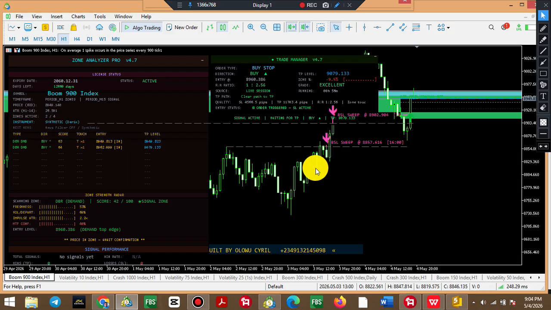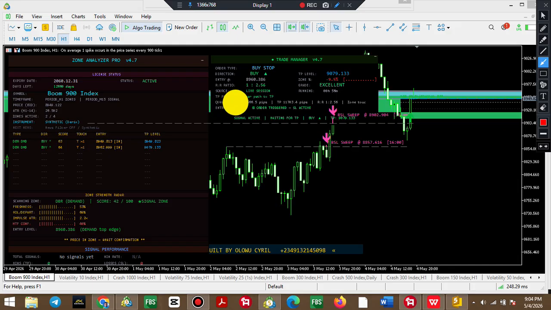And for those of you who requested for the TP to be shown on the chart, maybe before the end of this week I'm going to rectify that, and once I'm done, I will update you with the new version, whereby even if it doesn't mark out the TP lines or entry level, you should be able to see the SL level right here on the dashboard.